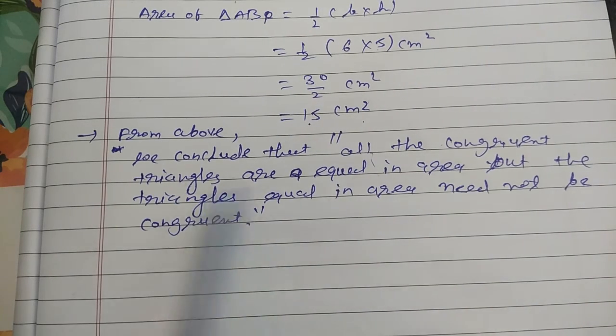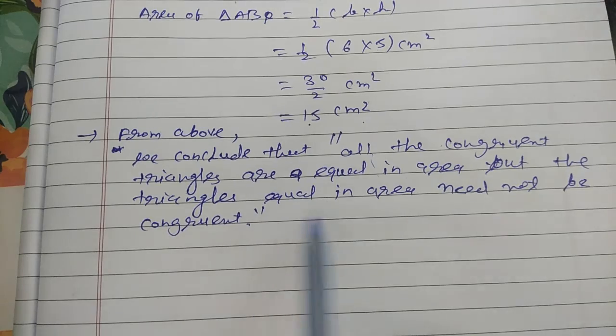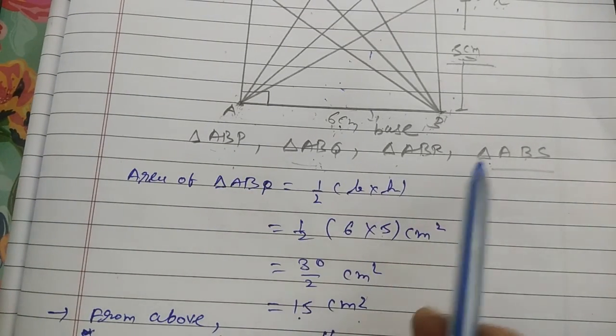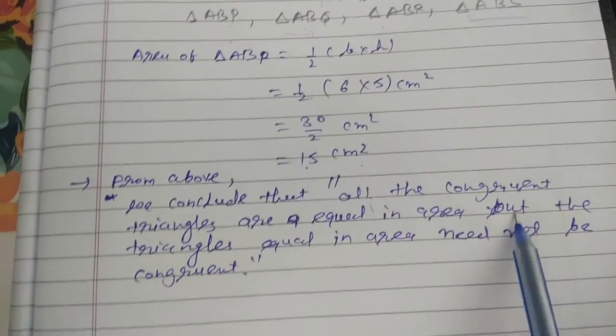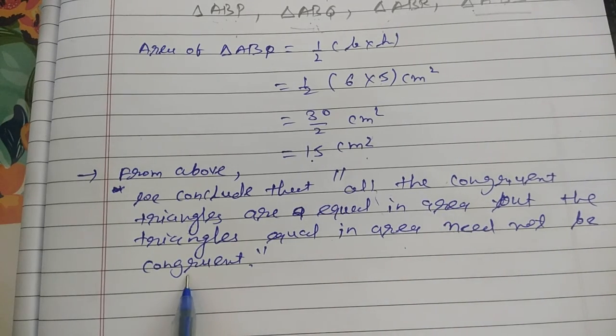So all congruent triangles are equal in area, but triangles equal in area need not be congruent, as we can see that ABP, ABQ, ABR and ABS are equal in area but they are not congruent.